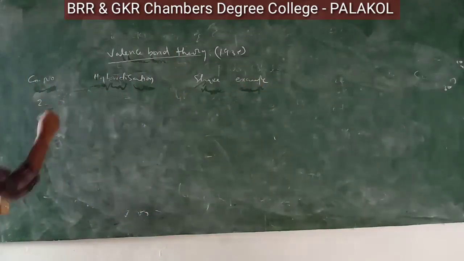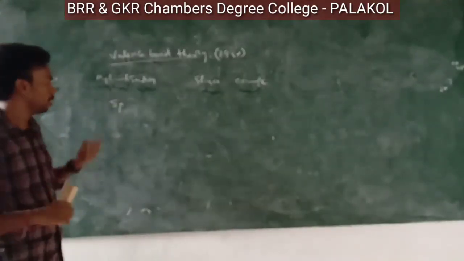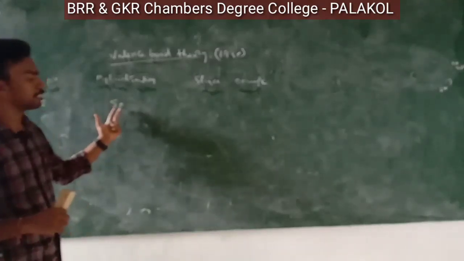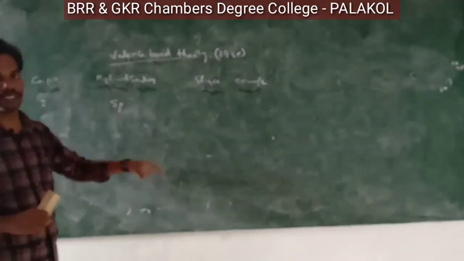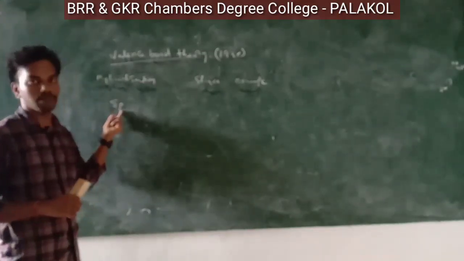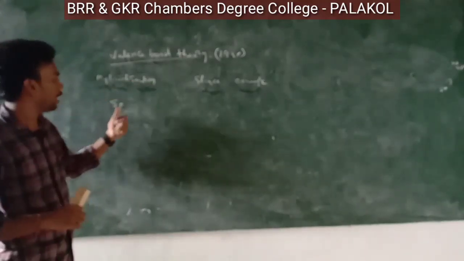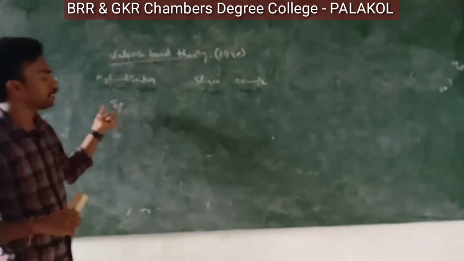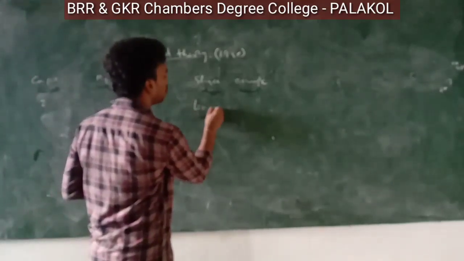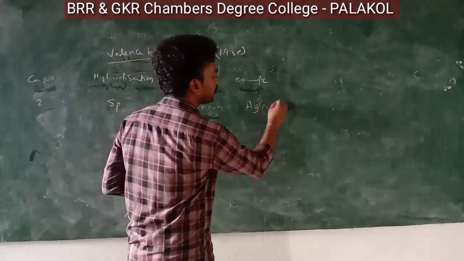If the coordination number is 2, the hybridization is sp. That means 2 ligands, so 1 s orbital and 1 p orbital mix together, giving 2 new hybrid orbitals. These 2 sp hybrid orbitals overlap with the filled orbitals of the ligands. The shape is linear.